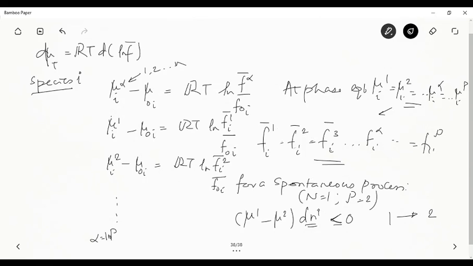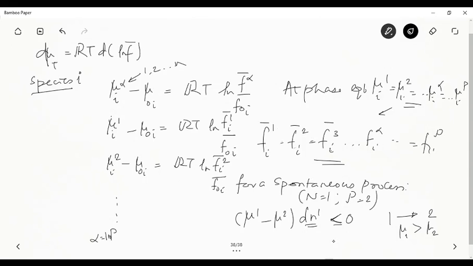Now, if dn1 has to be negative, then the other factor has to be positive so that the spontaneous process is feasible, which basically means mu1 is greater than mu2. So if change is happening from phase 1 to phase 2, then mu1 has to be greater than mu2.